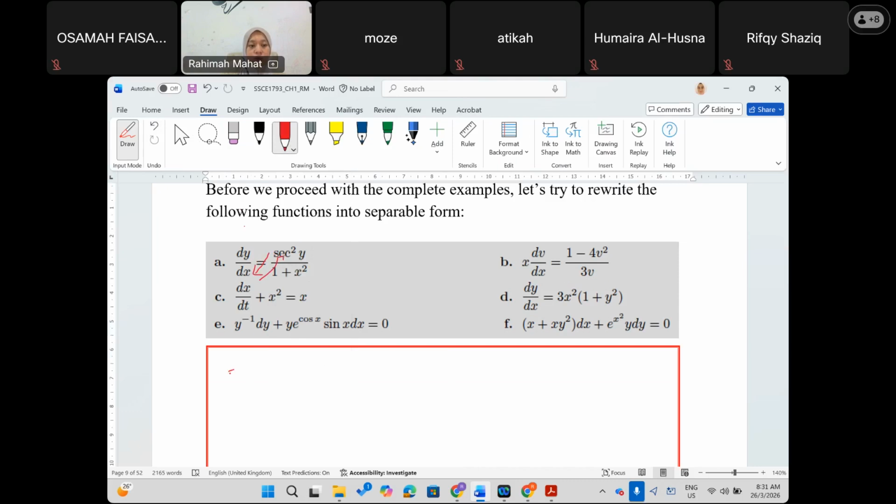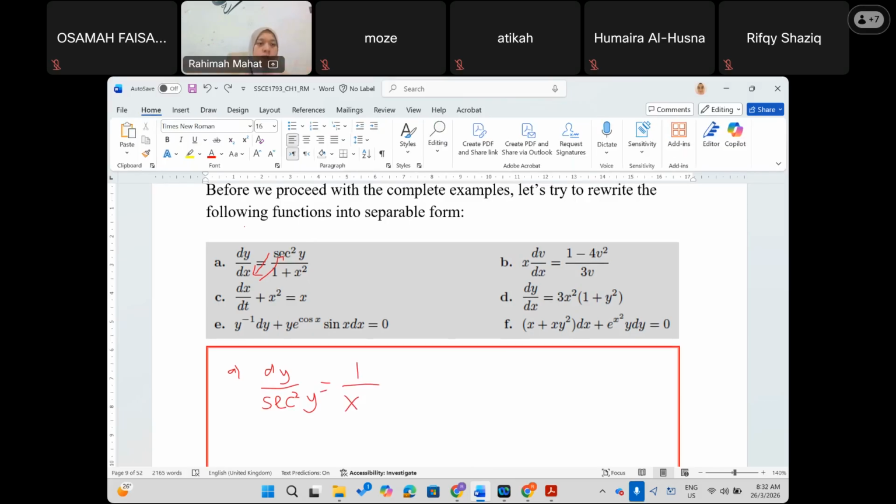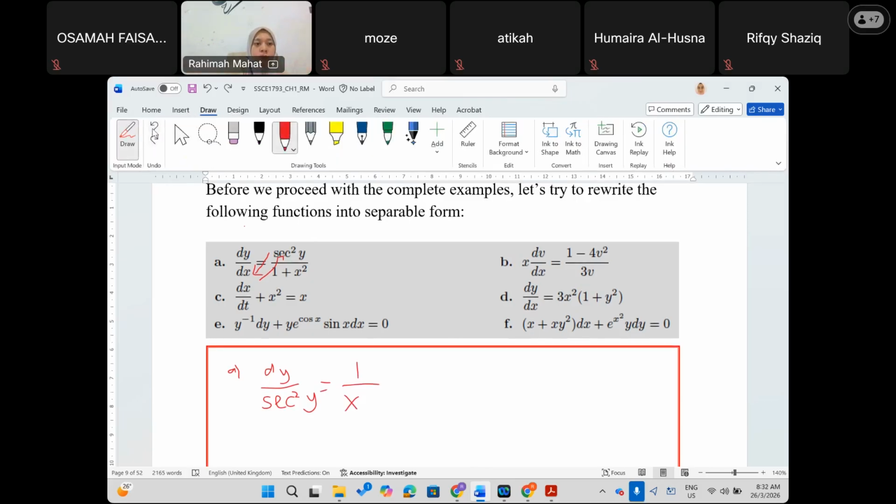So you will get dy over y squared equal to 1 over 1 plus x squared dx.